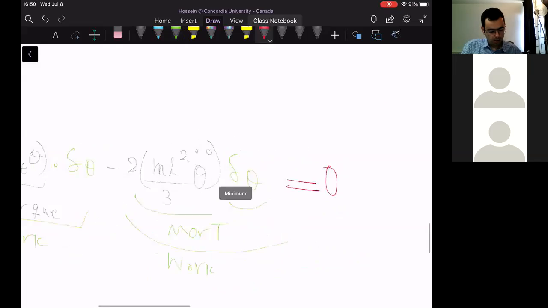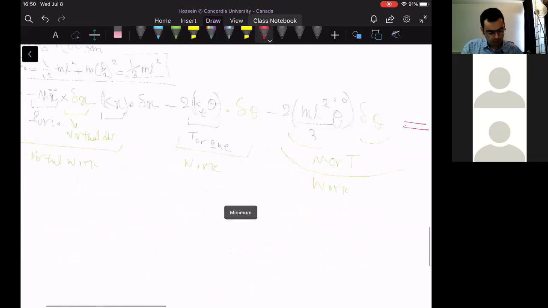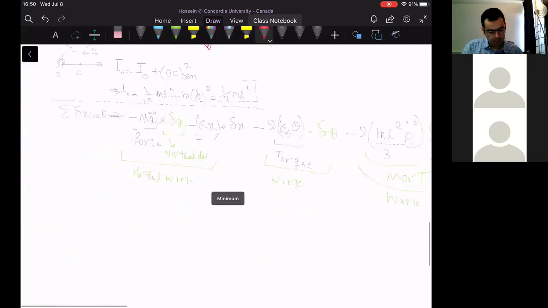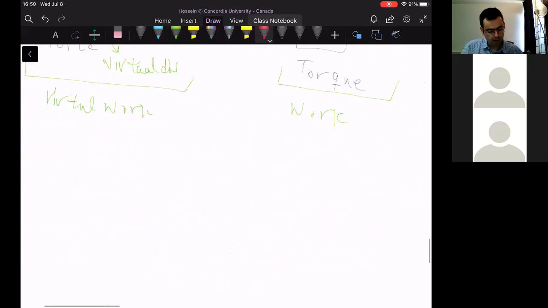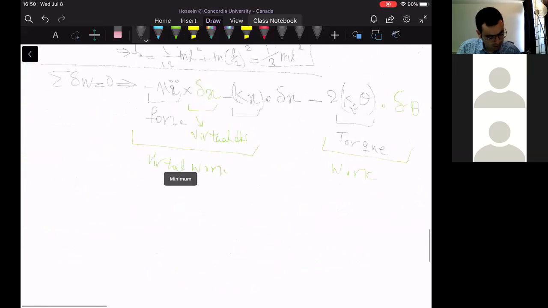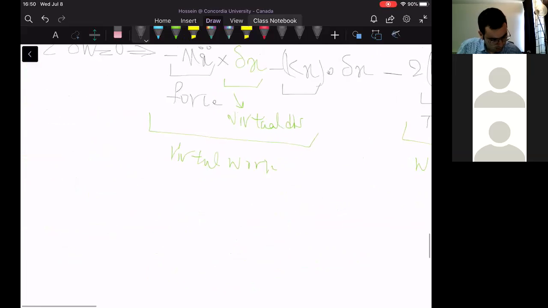And then we cancel out delta theta and delta x from both sides, because we can relate delta x to L multiplied by delta theta, because x is L multiplied by theta.